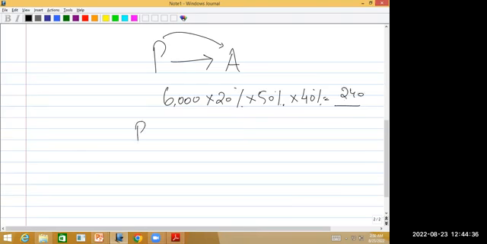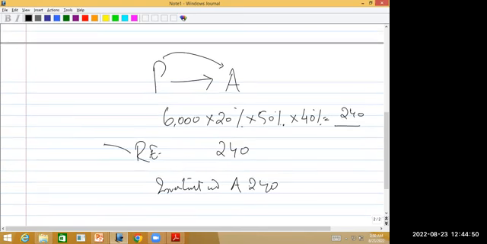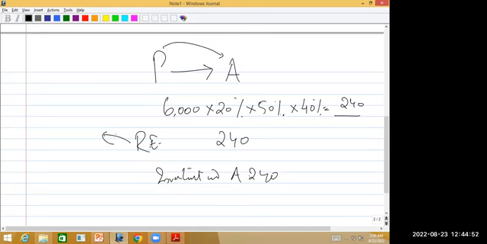The accounting entry for the balance sheet will be retained earnings debit, investment in associate credit, in the amount of 240. But where we need to adjust the income statement, it should be adjusted in cost of sales in the parent company.